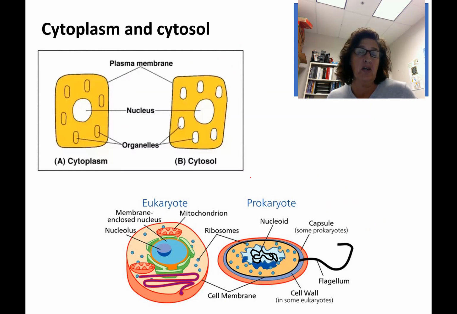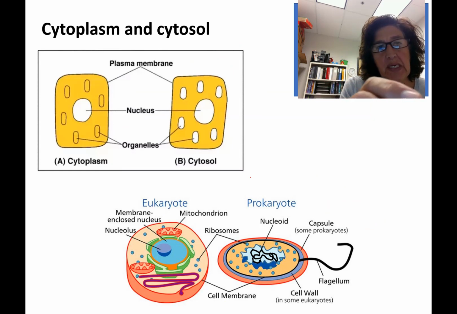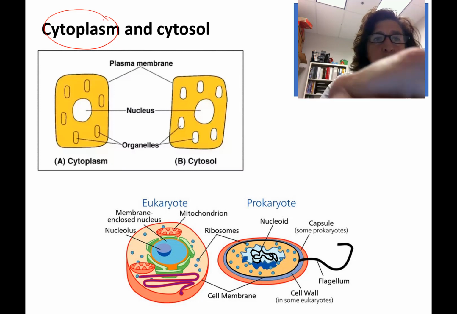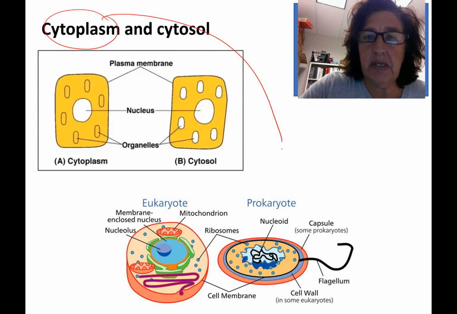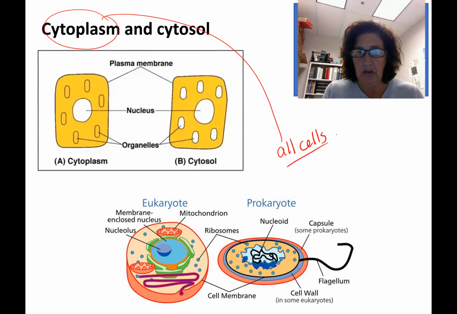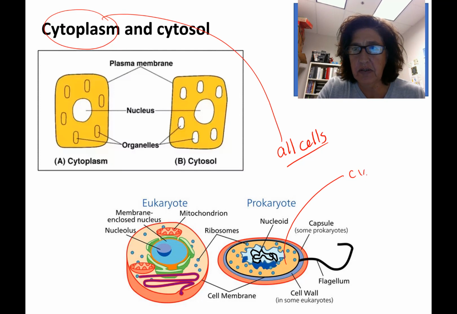Something else you find in all cells is the cytoplasm. And you can see there's two very similar words here, cytoplasm and cytosol. And I really like this diagram. So let's first say that cytoplasm is in all cells. Okay. So prokaryotic cells, all this fluid is called the cytoplasm.